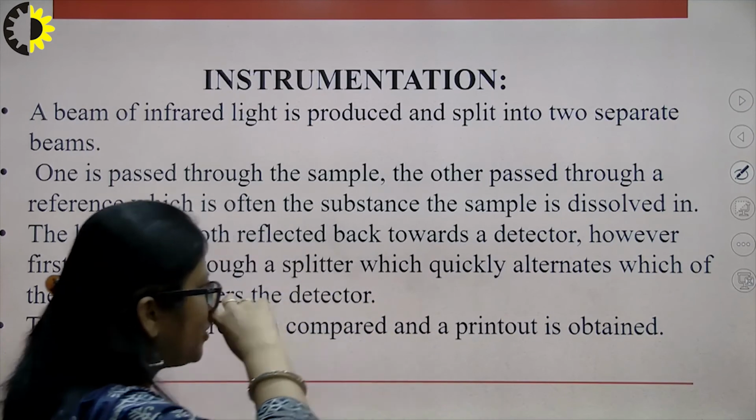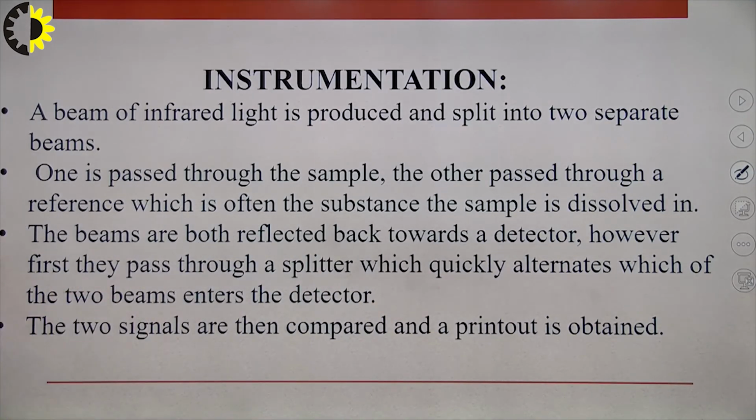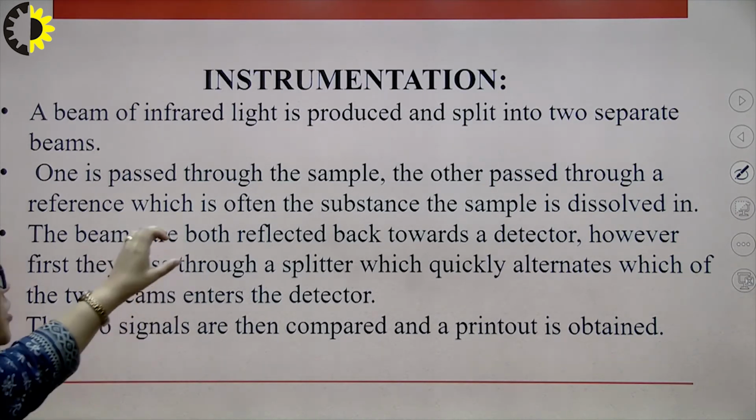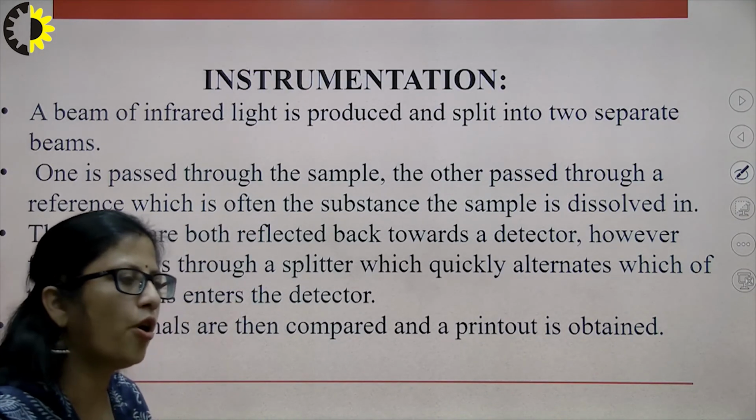Now, coming to the instrumentation, a beam of IR light is produced and split into two separate beams. One beam passes through the sample and the other passes through a reference, which is often the substance the sample is dissolved in.